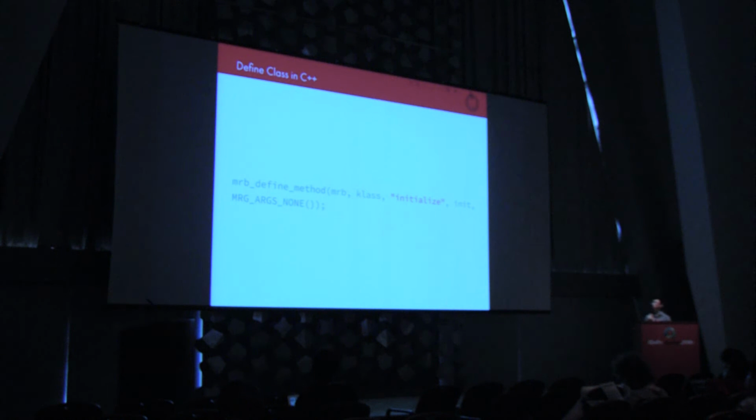And if we want to define a method, just give the mruby state, the class you want to define the method for, the method name, the method's body, and which arguments the method should accept. The method body is a function pointer. It will return a Ruby value and receive a Ruby value.